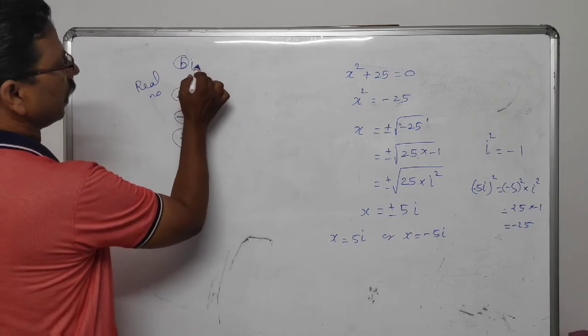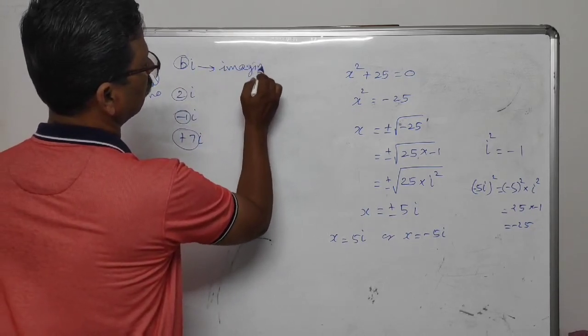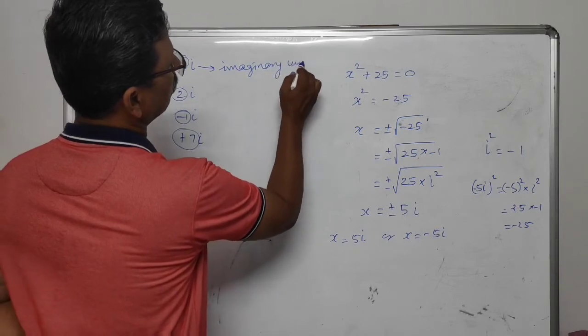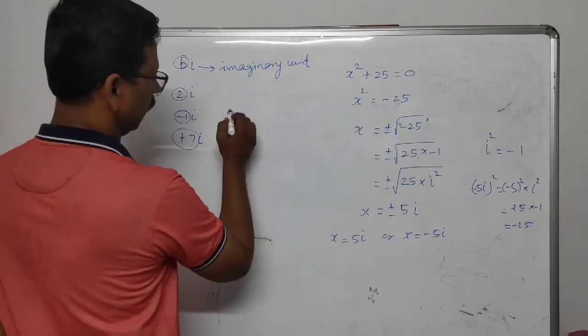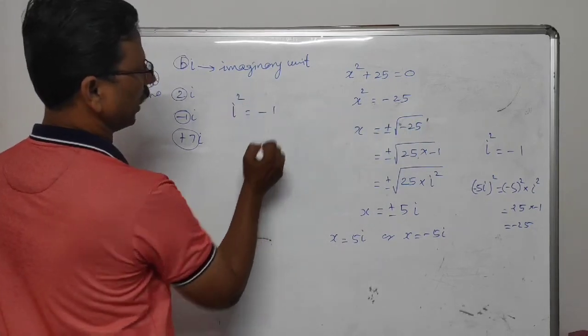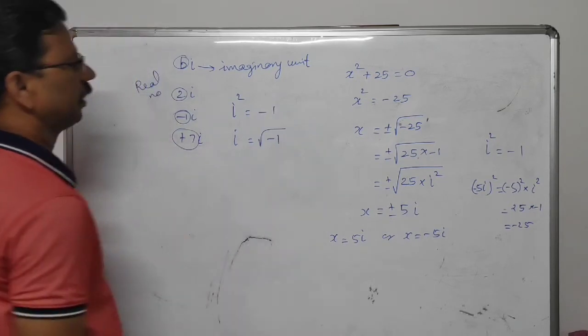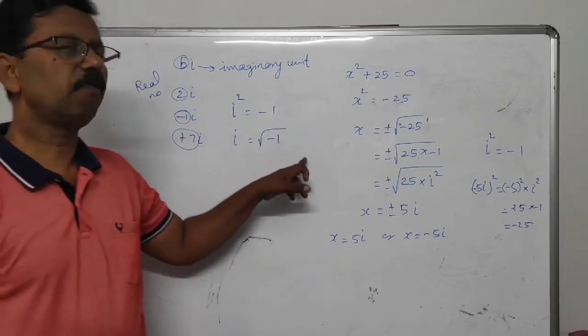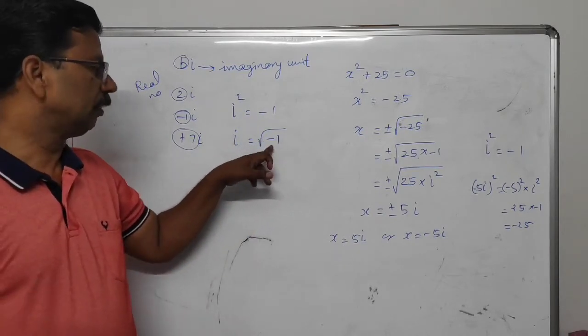Now this i is called the imaginary unit, with the property that already we have seen, i square is equal to minus 1, which means i is equal to root of minus 1. This root of minus 1 is the positive square root.